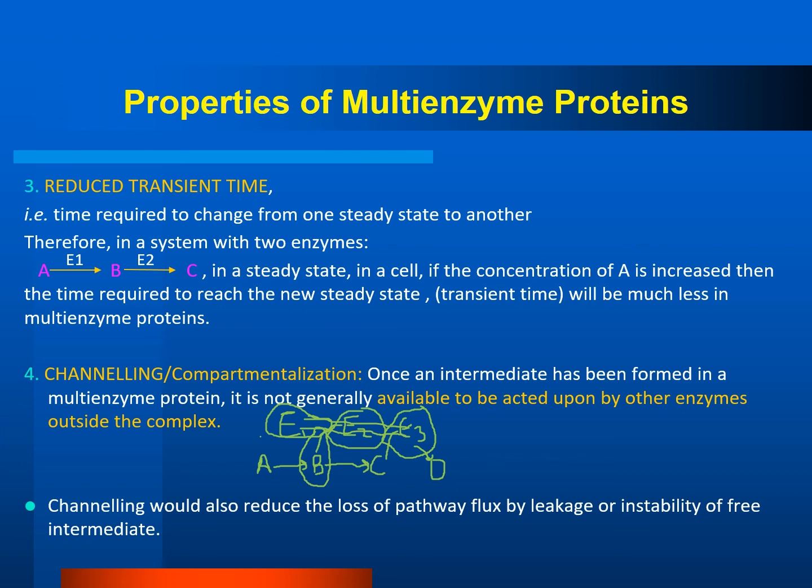Channeling would also reduce the loss of pathway flux by leakage or instability of free intermediates. So all the enzymes form a channel within them through which the intermediary substrates can travel.